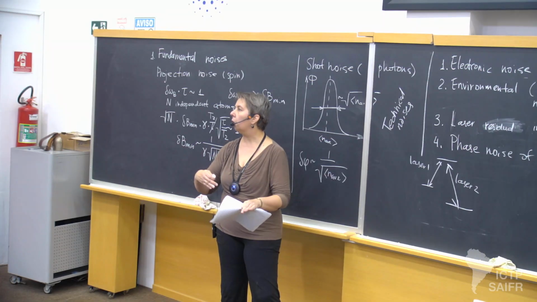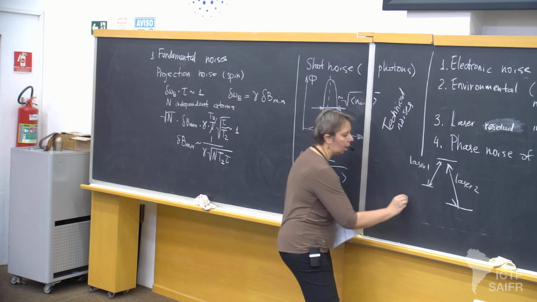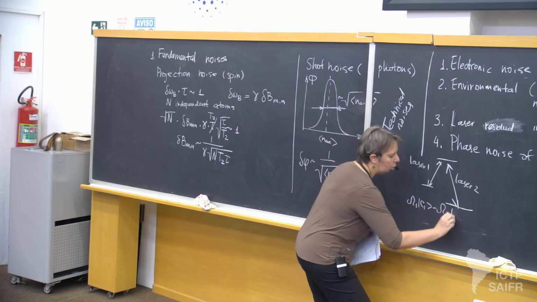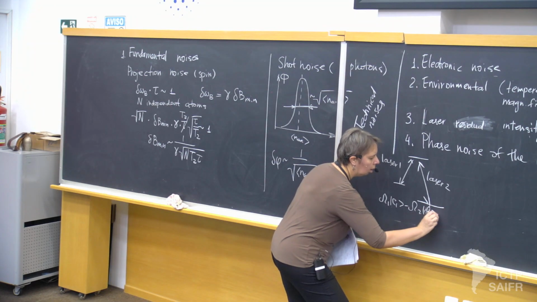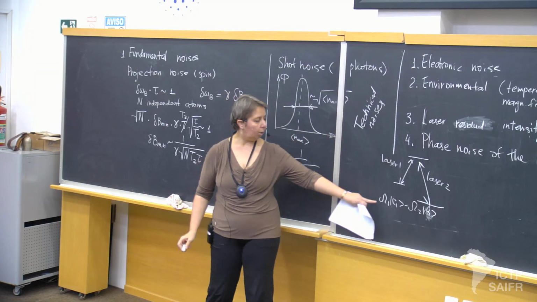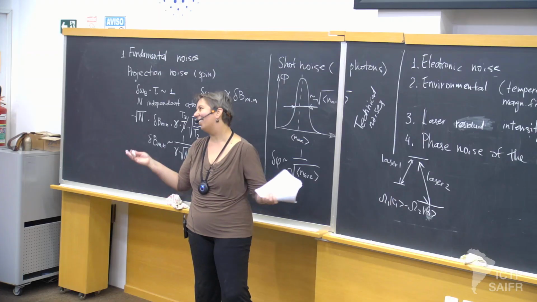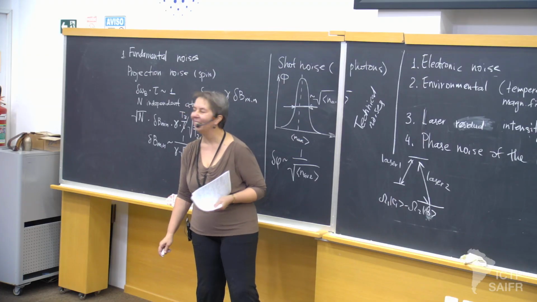Because as soon as they change their phase, remember in the dark state we had a term something like omega 1 minus omega 2, and you can see that it's phase dependent.